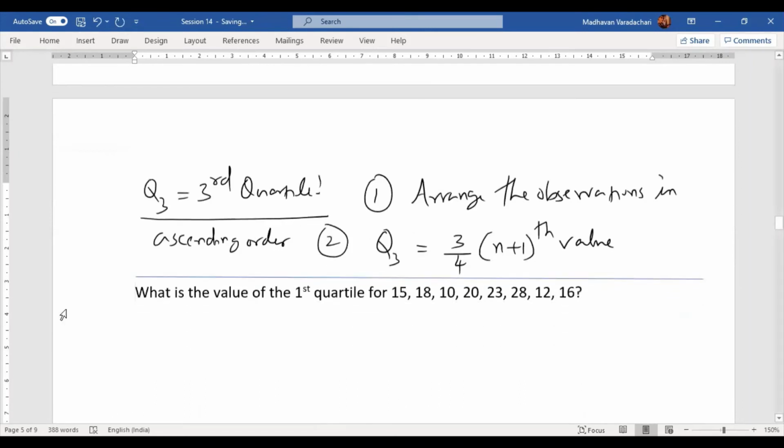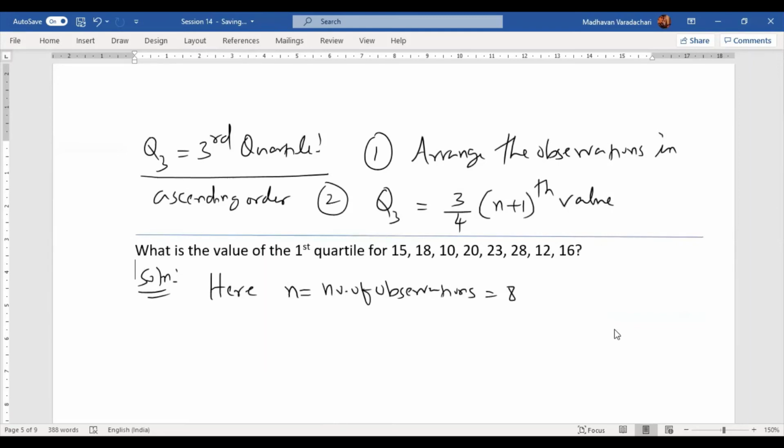Here, the question is that some data is given. How many observations are given? 4 plus 4, 8 observations are given. So I will say here, n, that is the number of observations, is 8. We are supposed to find quartile 1.